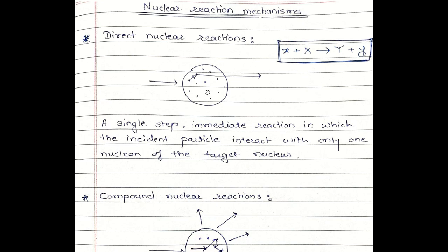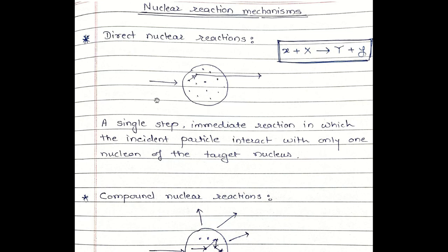So this reaction, in which the exchange of energy or of a single nucleon takes place, we call the direct nuclear reaction. Here, nothing will happen to the rest of the nucleons of the target nucleus, but only one nucleon of the target nucleus will interact with the incoming particle.